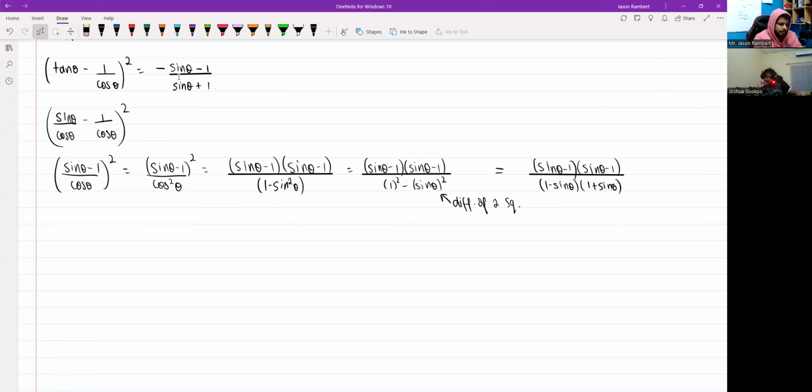And with practice and experience, you have to practice it because it occurs quite often, to know what form to multiply by. In this case, I must multiply by minus 1 over minus 1, and minus 1 over minus 1 is 1. So I'll multiply by 1 in that special form.